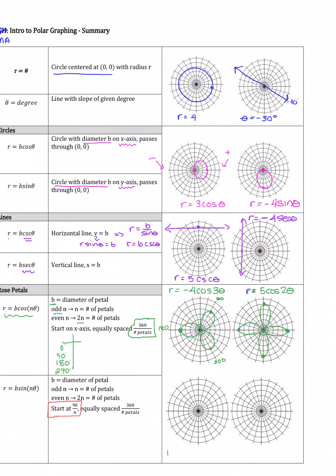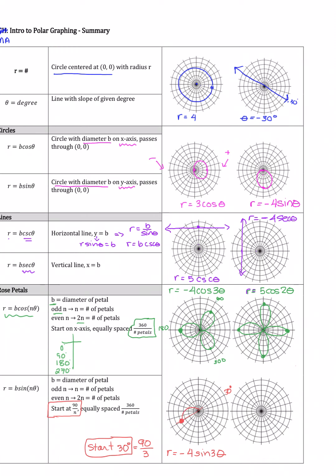So if I gave you r equals -4 sine 3 theta, to compare with what we did with cosine, first what we have to do is go 90 divided by 3 is 30. So that means that's where I start. So I'm starting at 30 degrees. So here's 30 degrees, and it's 4, but because it's negative, it comes back this way.